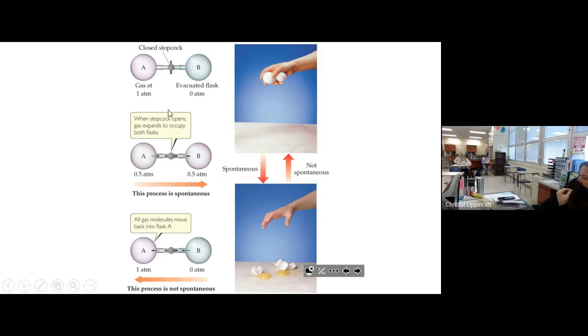So spontaneous: here, if we have gas here and nothing here, it's going to reach equilibrium, but it's not going to go back the other direction. It's not going to end up taking this and becoming nothing. Eggs, spontaneous: you drop them, they're going to break.